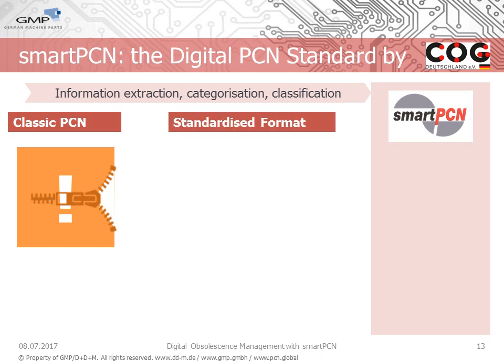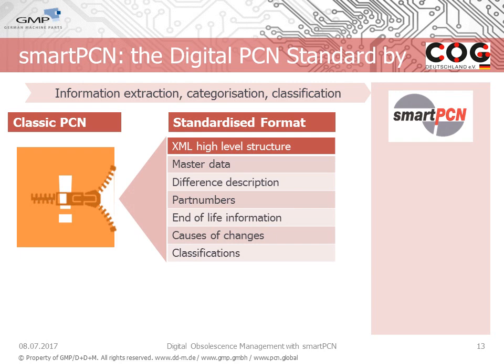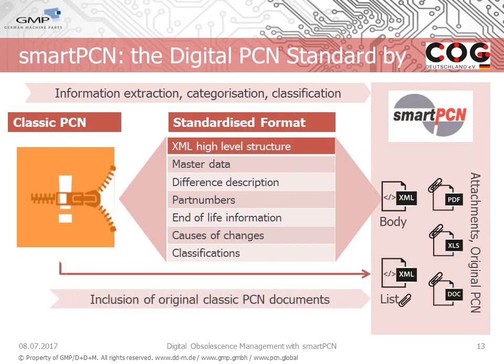The results are stored using a standardized format which is based on XML and contains different sections like master data or part numbers. This information is stored in an XML file called body. The original PCN is stored as well as an attachment or as several attachments.